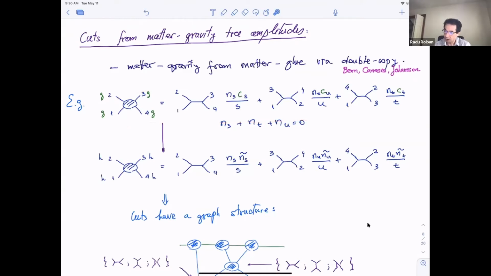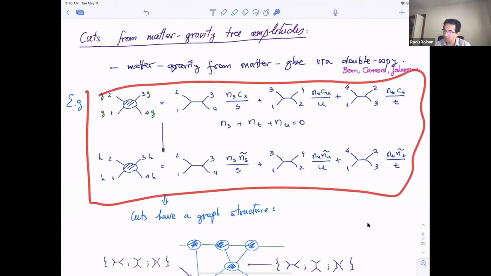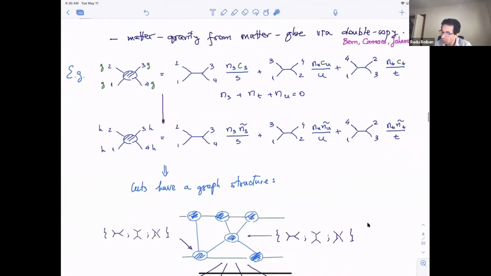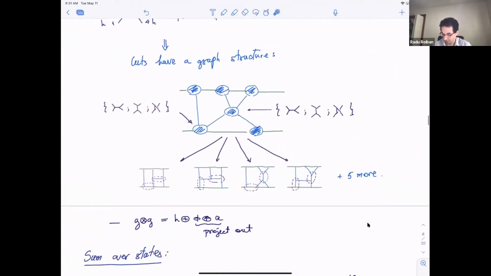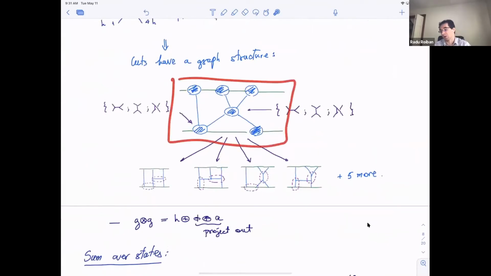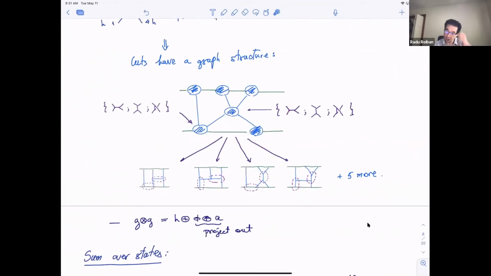So here is the standard example for the double copy, but here is how this translates into a graph structure for the cut. Imagine that one cares to compute this particular cut, which appears in the 4PM potential calculation. There are several 3-point amplitudes, each of which has a single graph, so it doesn't matter what one picks for it. But there are 2 4-point amplitudes. Like I said, one could in principle just use the KLT relation, multiply all these trees and obtain a big mess.